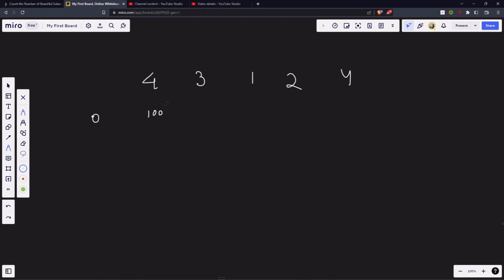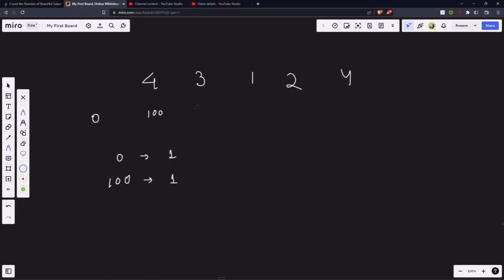Now we will see, in the past, have we achieved this same XOR result? No, we have not, so we will move to the next. Before doing that, we will store that this XOR result has been achieved one time. Our initial XOR 0 is also a XOR result, so we will store that one as well.